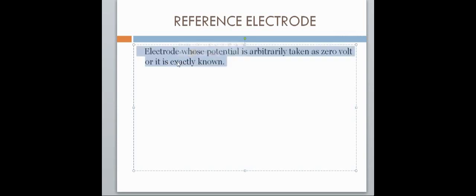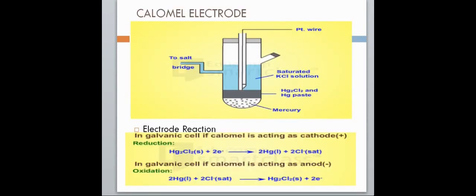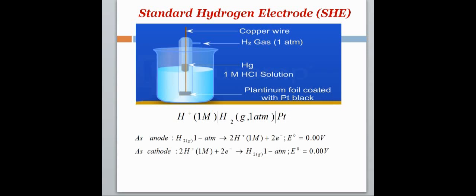So one electrode potential is already known, that's why we call it a reference electrode. So what types of reference electrodes are there? One is the standard hydrogen electrode, also called SHE, and there is the calomel electrode. These are the couple of reference electrodes that we will be looking at, which are used in a galvanic cell.